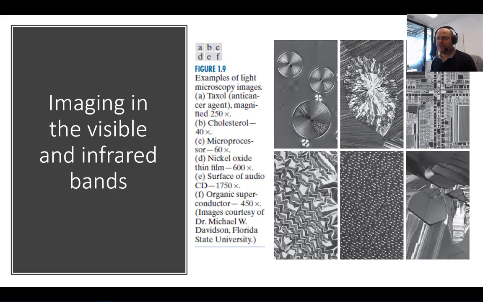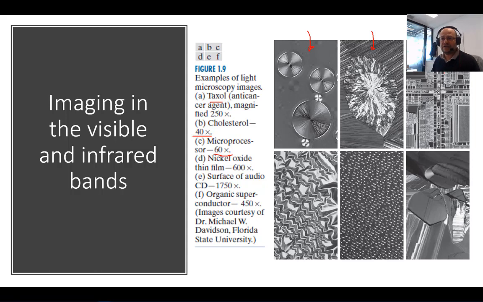All the imaging in the visible and infrared bands, there's a whole bunch of them, such as light microscopy images. This is an anti-cancer agent called Taxol. This is a cholesterol cell enhanced 40 times. This is a microprocessor enhanced 60 times. This is used for visual inspection.